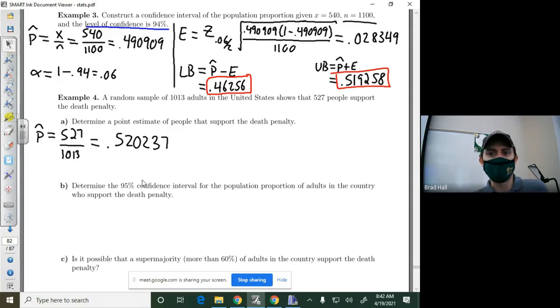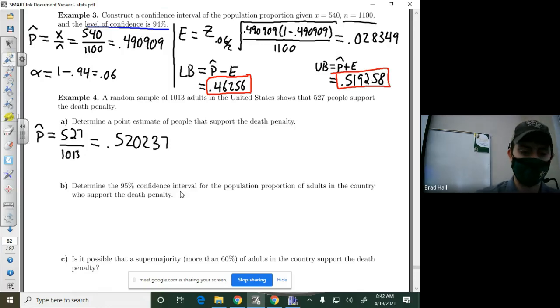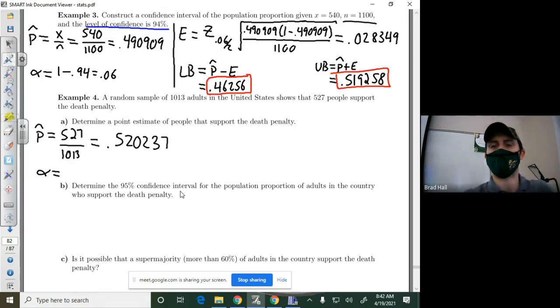So part B, they want us to determine the 95% confidence interval for the population proportion. Basically, we're going to be doing what we did in the last problem. To remind everyone, alpha is based off of your confidence level.